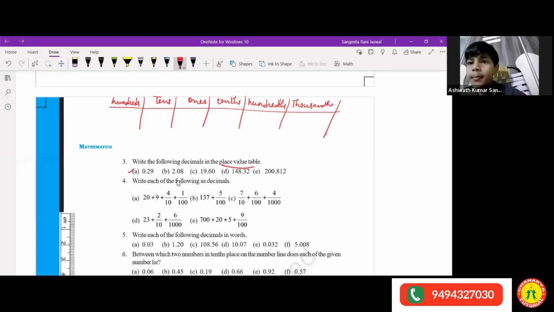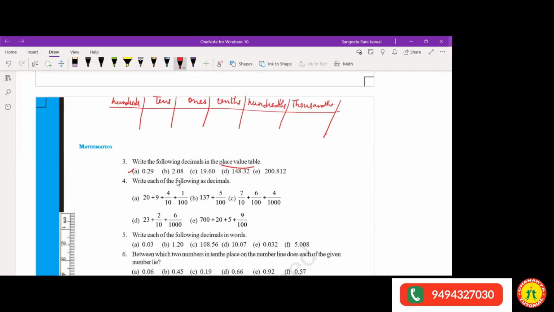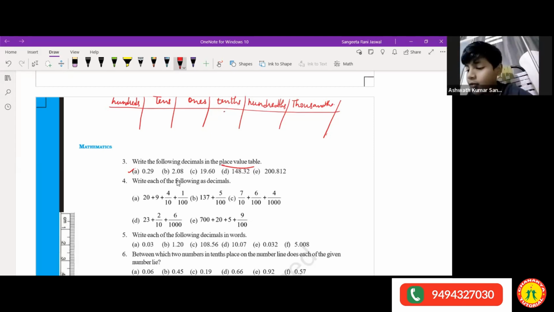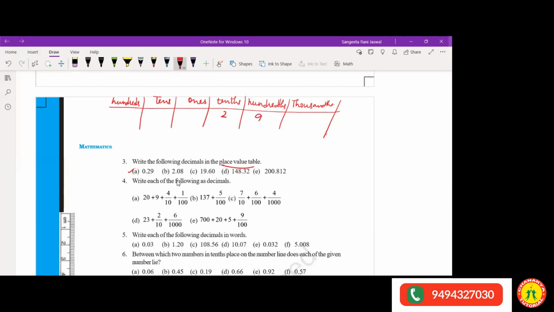Yes, Ashwath, tell me. 0 hundreds, 0 tens, 0 ones, 2 tenths, 9 hundredths. 2 in the tenths place and 9 in the hundredths place. Okay, and 0 in ones place.